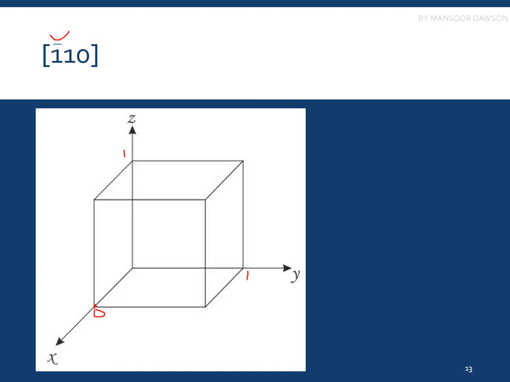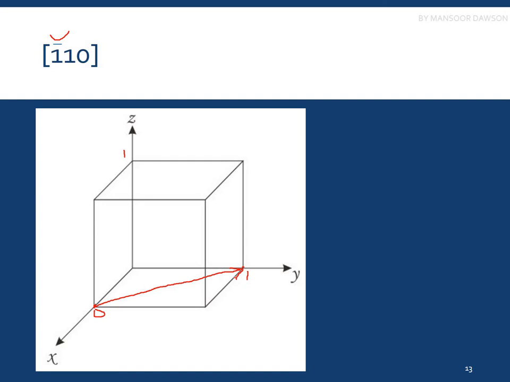So we'll be moving -1 in the x direction, 1 in the y direction, and 0 in the z direction. So this would be our final point. We'll be matching these two. So this is our 1 bar, 1 and 0 direction.